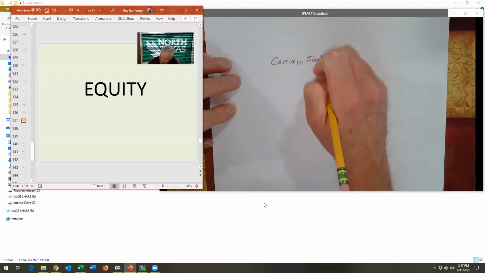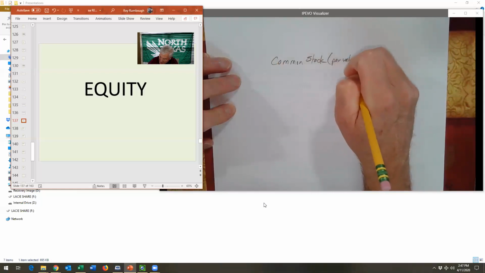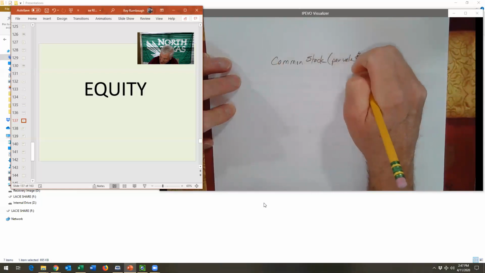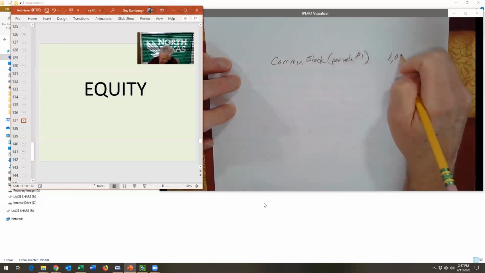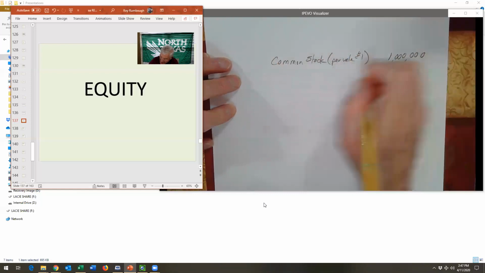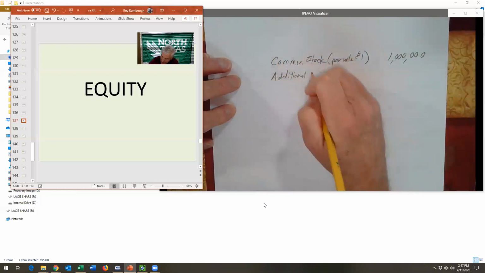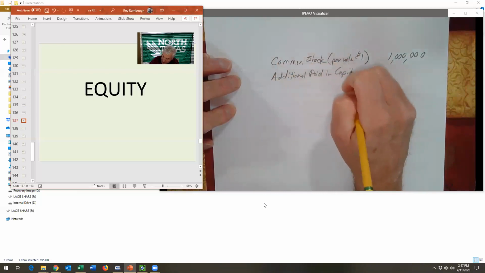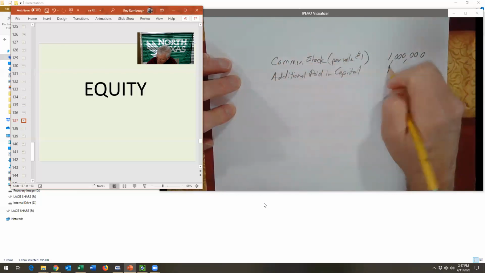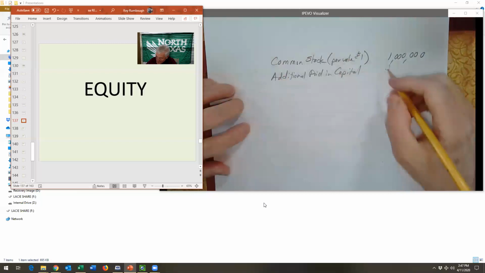shareholders equity section, common stock, par value equals $1. And you see $1 million in that account, and you have additional paid in capital. Let's make it big, 9 million.